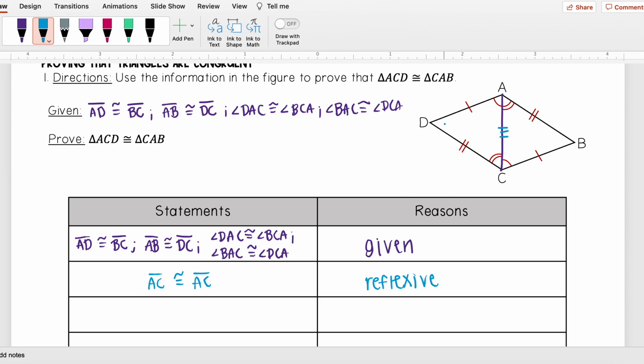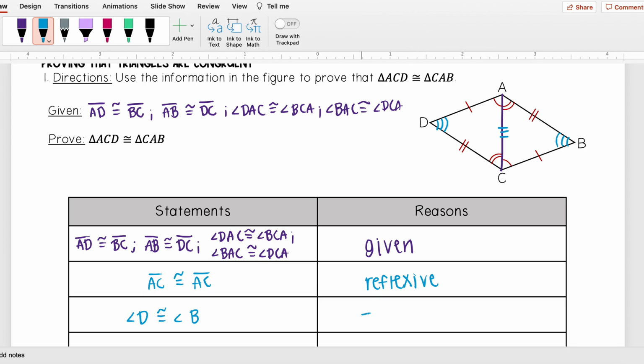Now I need to somehow say that angle D is congruent to angle B. Well, I can actually say that right off the bat from a theorem that we just learned. From our previous video, we learned that if two angles are congruent to two angles of another triangle, then the third angles are also congruent.